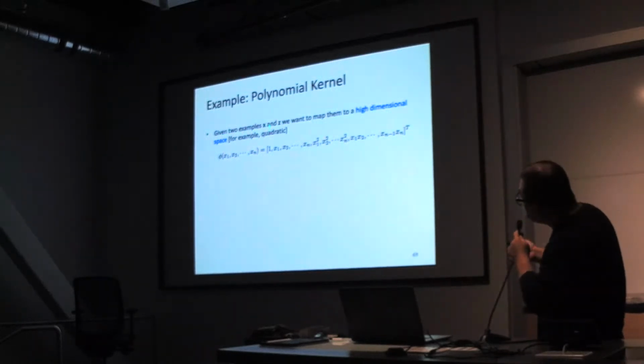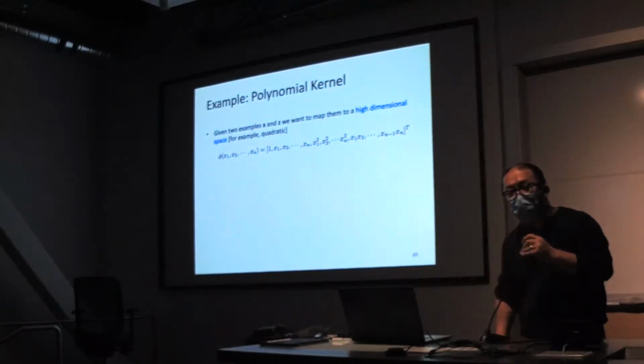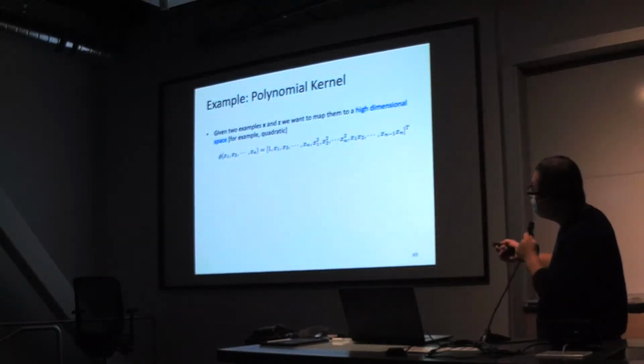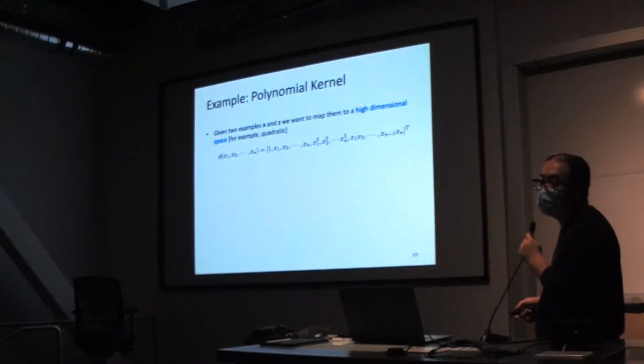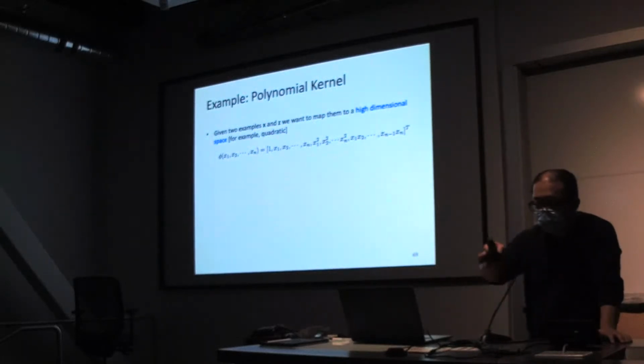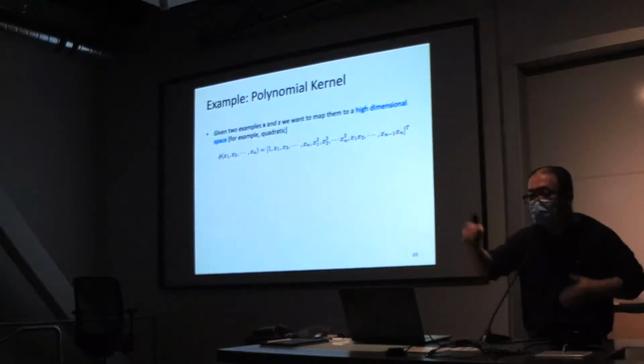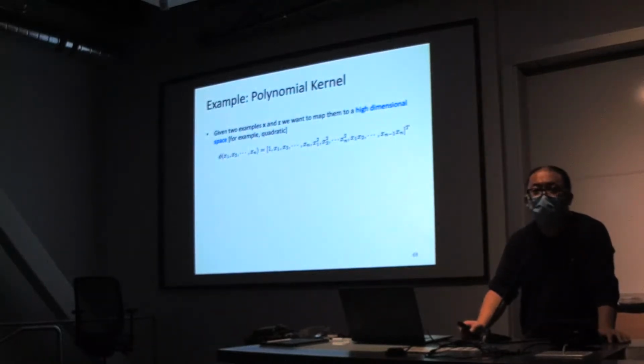Suppose we have examples x and z, and we come up with a feature mapping to map them to a high-dimensional feature space, say a quadratic feature mapping. What's the definition of quadratic feature mapping? Suppose you have n features. You enumerate all possible terms from degree 0 to degree 2, including their combinations. So you can imagine there can be many.